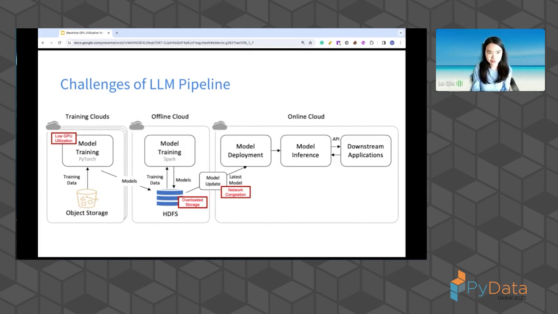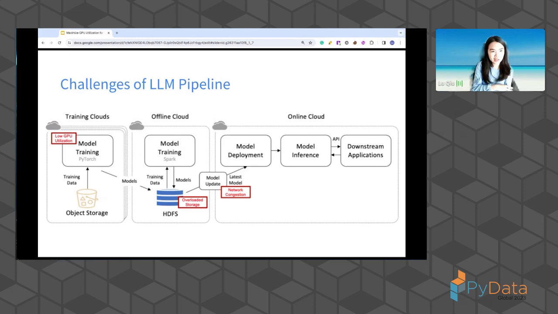They also have different training and serving jobs in different clouds, depending on the price of their GPU machines and the resources, etc. But it results, on the infra side, in different training jobs and serving jobs that are not co-located together. And we found there are several problems in this architecture.